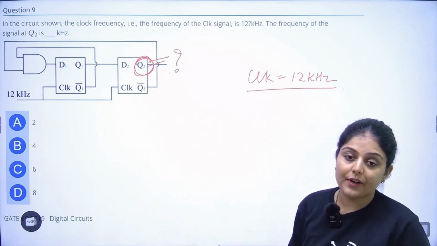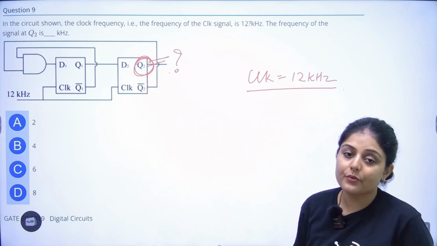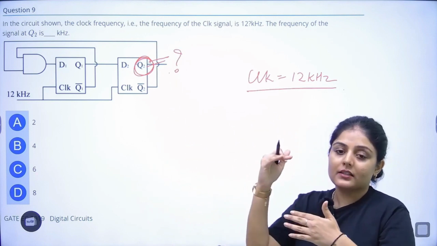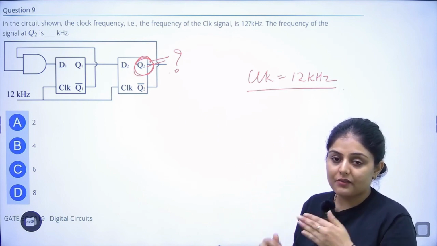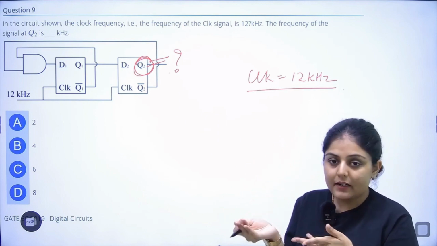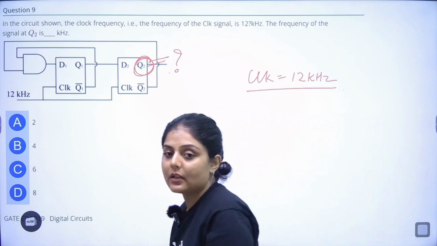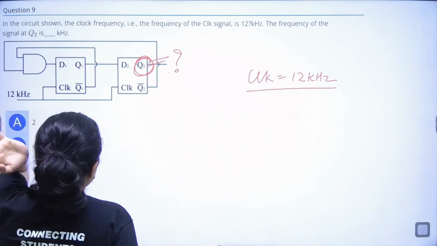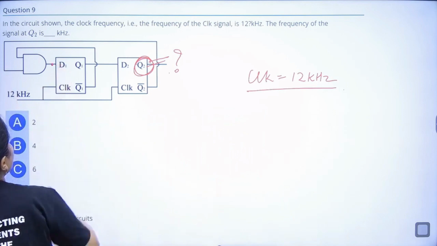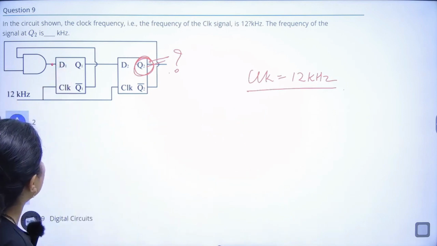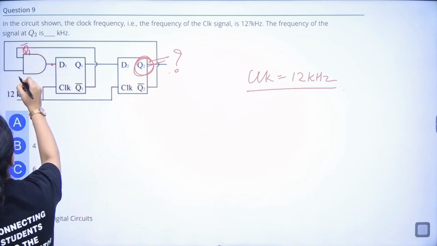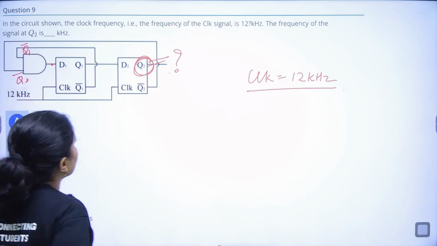So in order to find out this frequency also, what we have to do, this is a D flip-flop, and we have to find out the table, the sequence, after how many clock pulses it is repeating itself. The similar question we did previously. Okay, so this is an AND gate. The AND gate output is equal to D1, and the inputs are Q1 bar and Q2 bar.